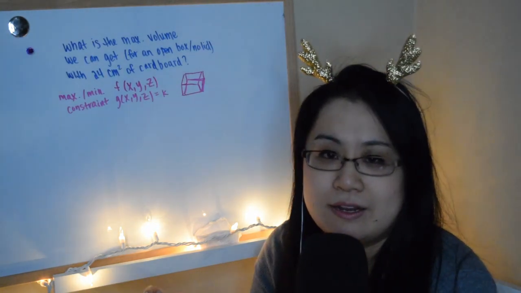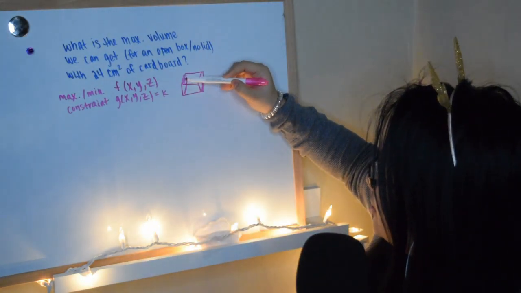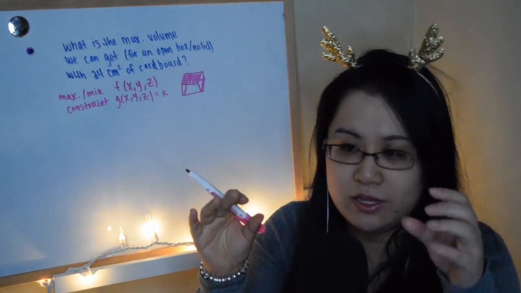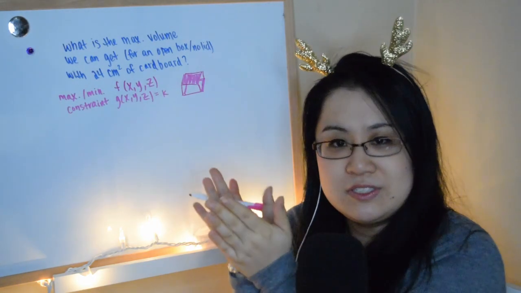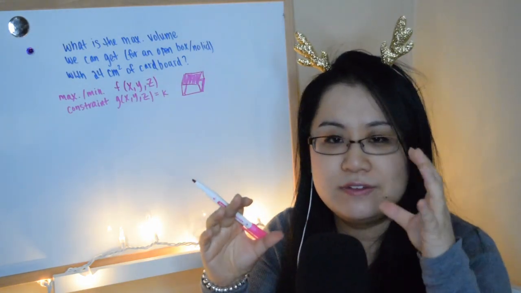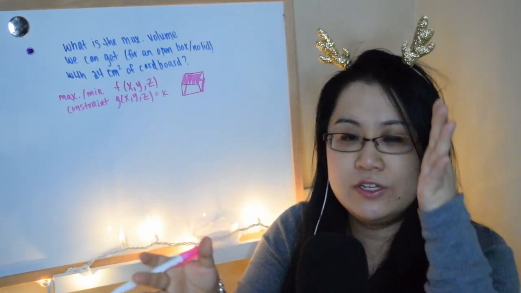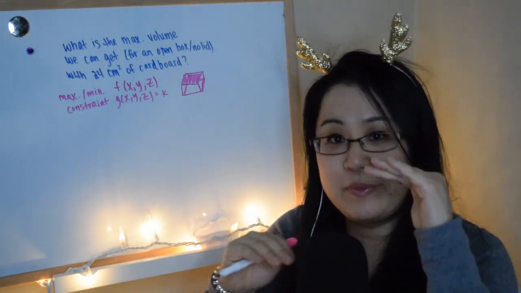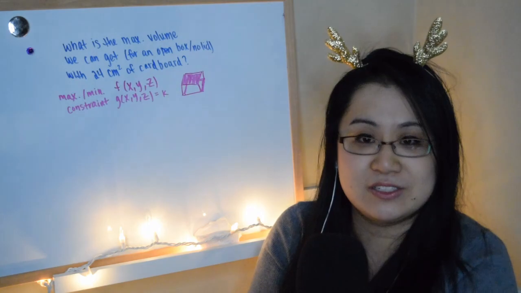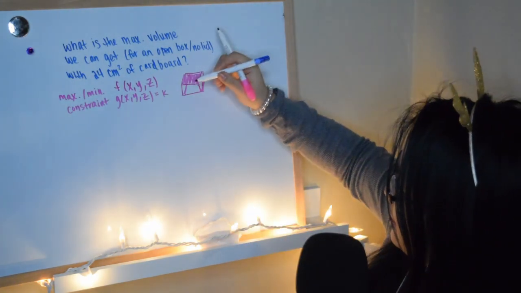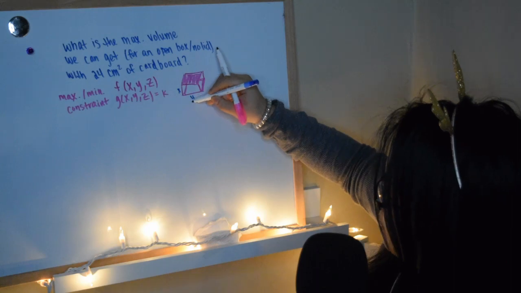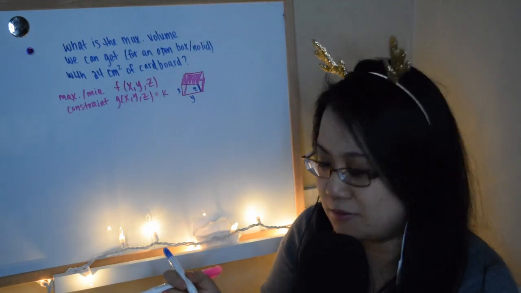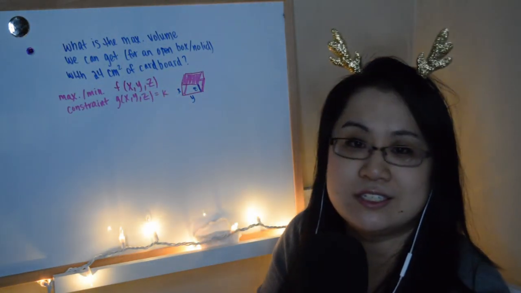And it's not gonna have a lid, so the top part is gone, right? But if you can picture it, we have a base, so something by something, and then usually for surface area, you'll have two opposite sides plus two opposite sides plus the top and the bottom, but we're just not going to have a top, that's all. So we can just label it x by y on the base, length and width, and then the height can be z. So that's how we'll use our x, y, and z here.